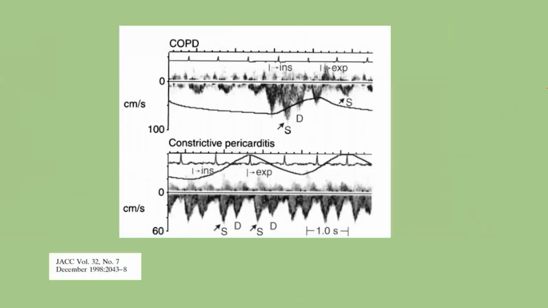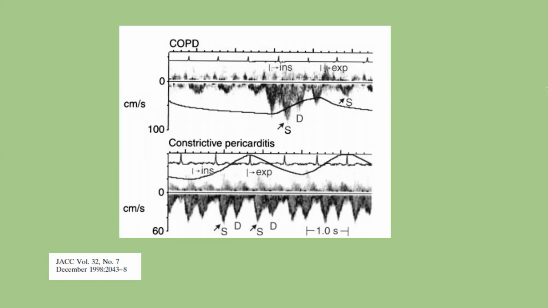Now, in COPD, do we have septal bounce? Yes or no? In COPD, do we have septal bounce? No. We do have septal bounce. In COPD, do we have Kussmaul sign?